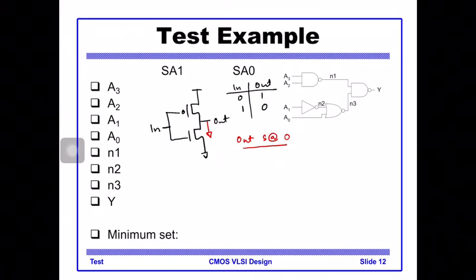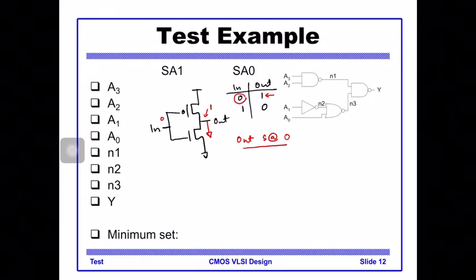Okay, so when you want to test for stuck at 0, you need to apply an opposite test vector. If it's stuck at 0, in order to know whether it's stuck or not, you want this node to be 1, the opposite of 0. So what will make the output be 1? The output is 1 when the input is 0.